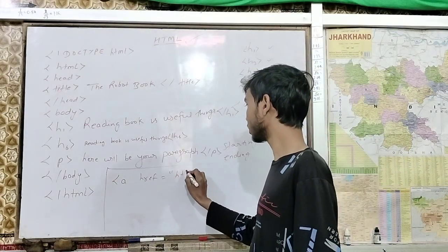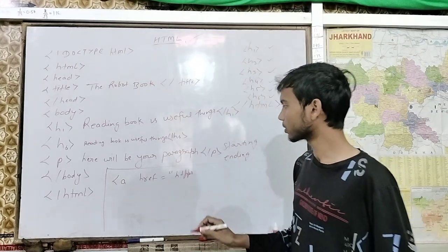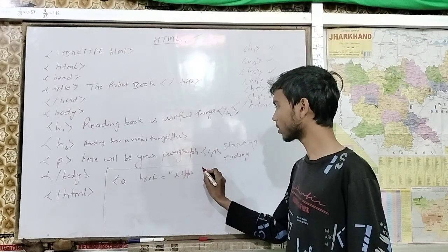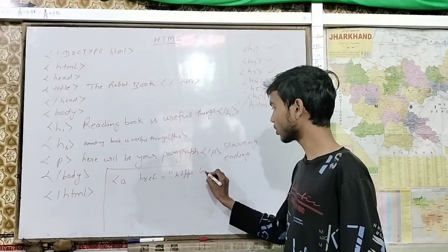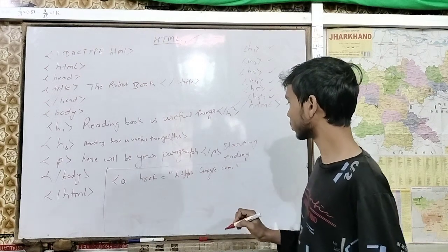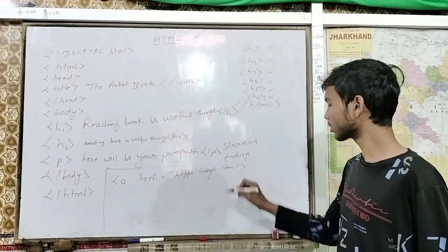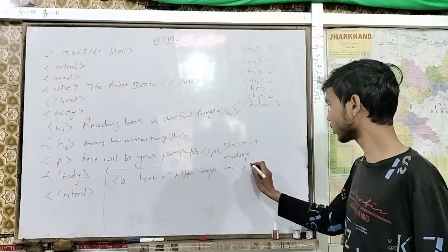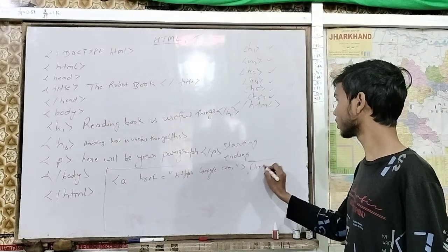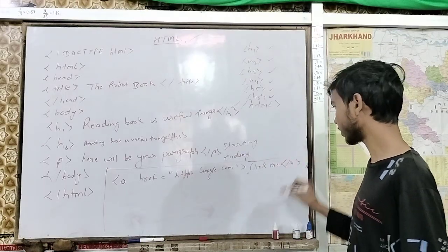Here will be https, then google.com, then close the double inverted comma, and then close the tag, and here we will say click on this link, click me, and then the closing tag.